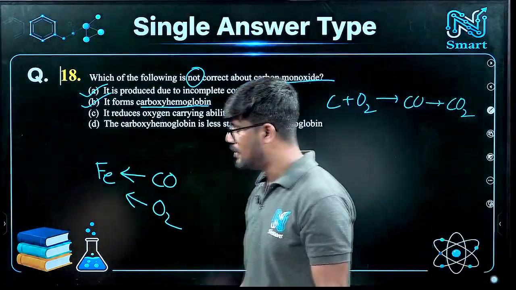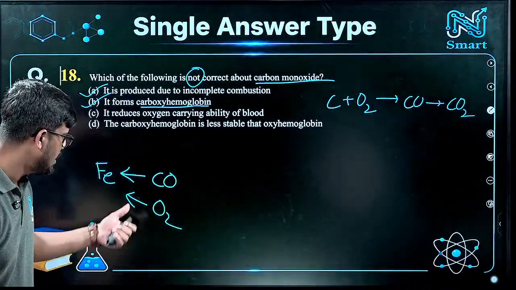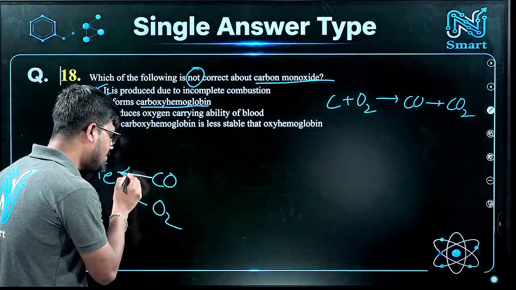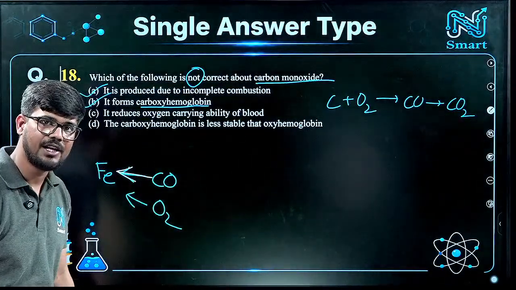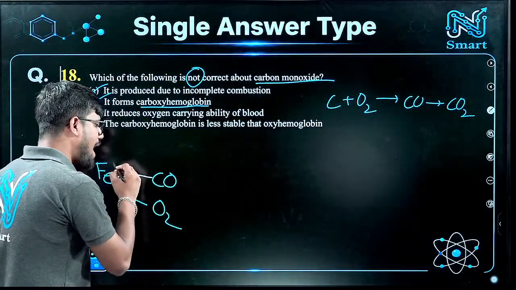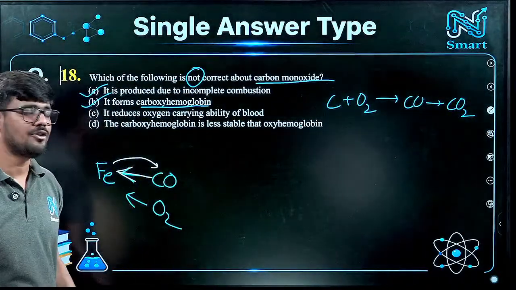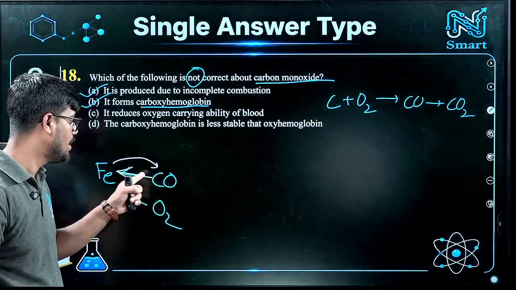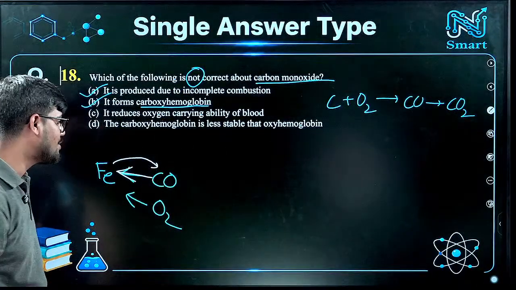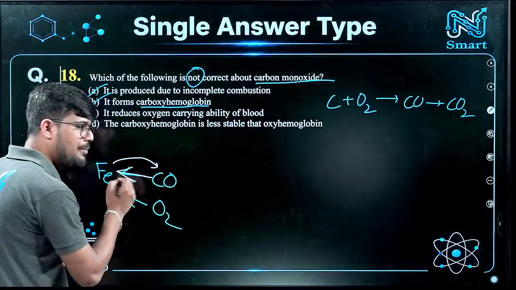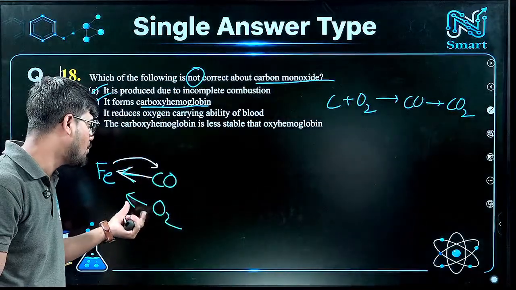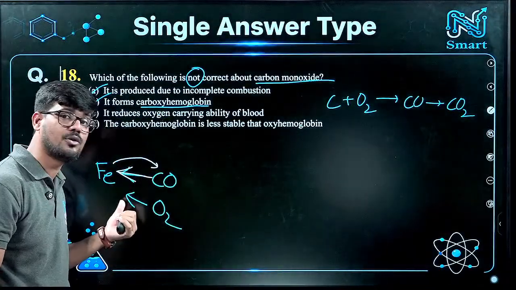Why? Just try to understand this. If you consider the CO molecule, this carbon is giving its sigma electron, then this iron will back donate its electron to the empty pi star orbital of carbon monoxide. So back donation is happening. That's why this iron-carbon bond is a very strong bond, very strong as compared to the iron-oxygen bond.